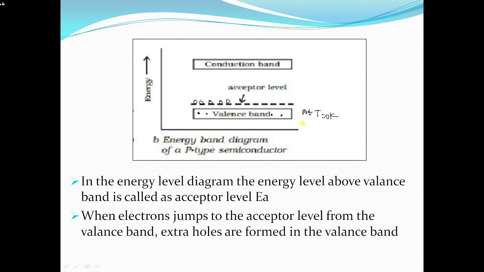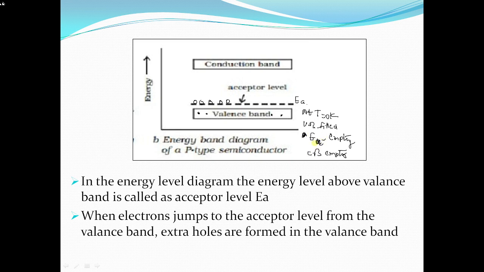So at T equal to 0 Kelvin, the valency band is completely filled with valency electrons, and the acceptor level is represented by EA. The acceptor level is filled with holes, meaning it is empty because they are vacant spaces. Next, the conduction band is empty. Already we know the conduction band is empty.